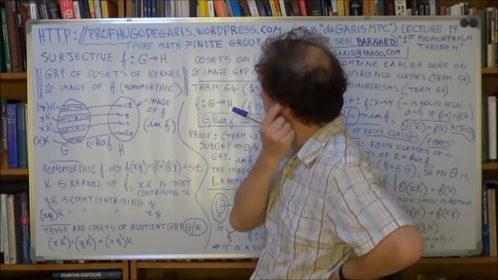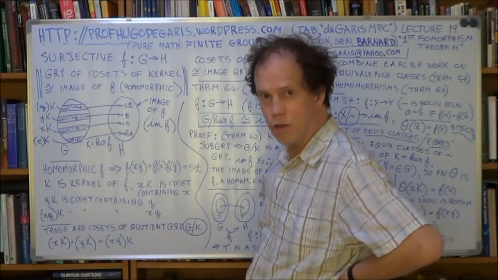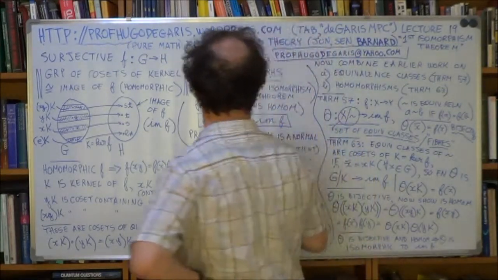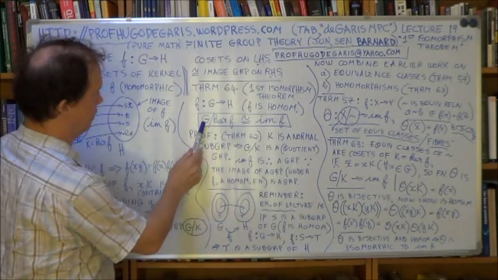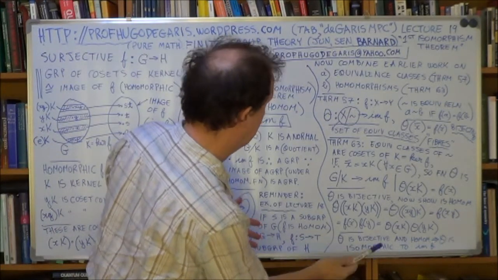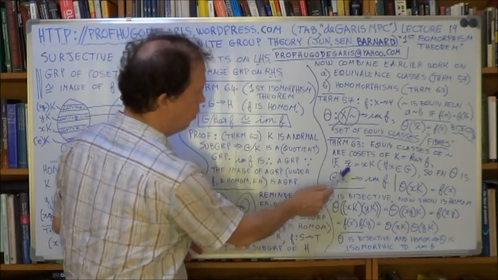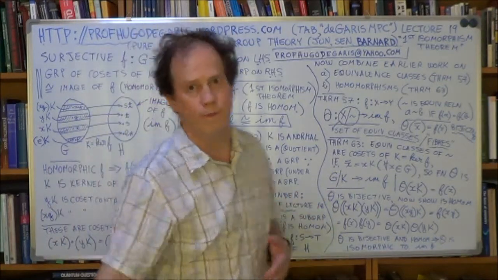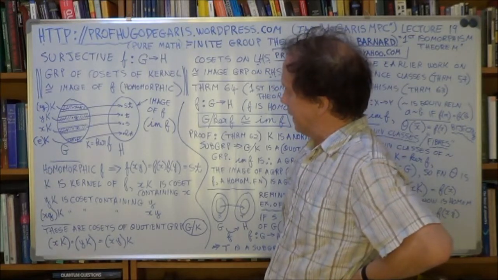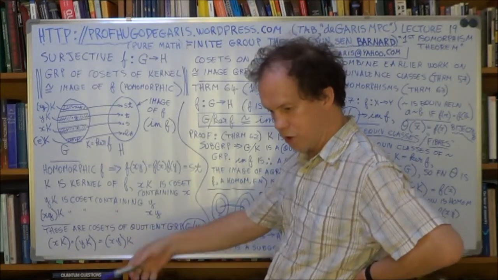Okay? So find the kernel, and then find the quotient group. So G slash K. Here. Okay. So find your quotient group once you know the kernel. You can find the kernel from your f. Right. And once you've got the kernel, you find the quotient group.